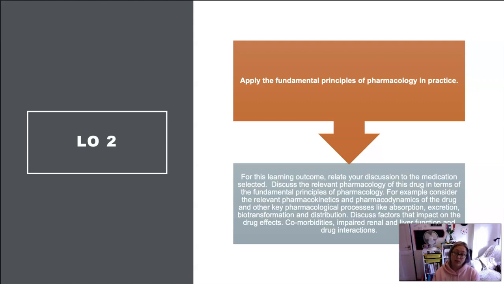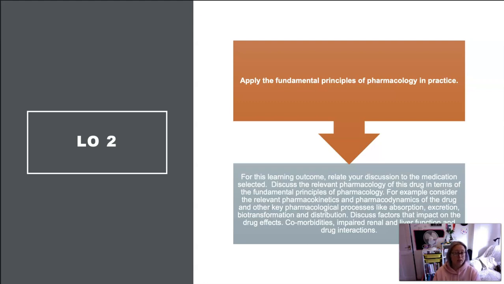How is it distributed? Is it distributed systemically? So does it go to every cell within the body? Or does it stay within one particular area and only act on one particular part of the body? And then how is it excreted? Once it's had its effect on the body, is it then excreted through the urine? Is it excreted through the respiratory system? How is it excreted from the body's systems?